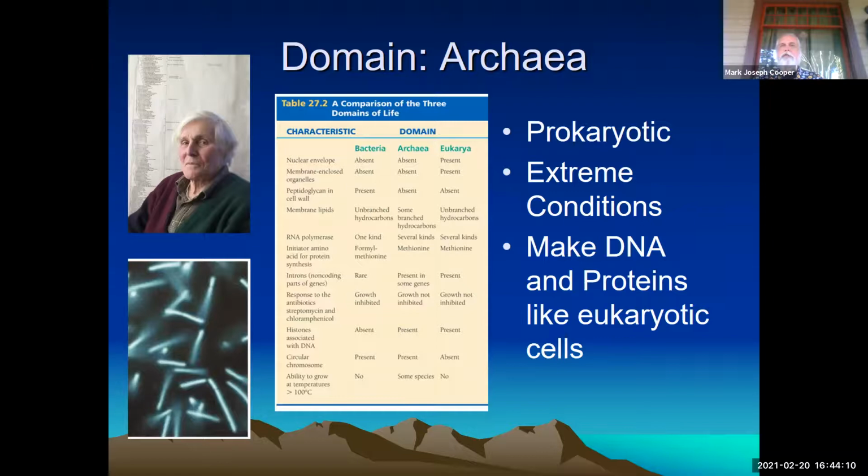His argument for having a domain system was that we're not looking at physical structures anymore. We're looking at processes. We're looking at the molecular level. So it makes sense to add another group. And so after, like I said, probably 25 years, they finally agreed with him. And now we have the three domains.